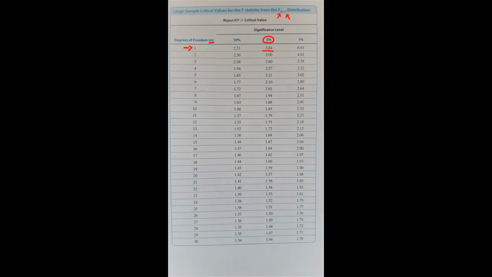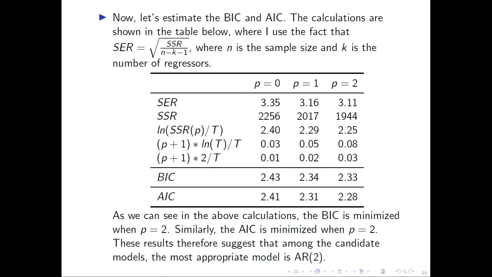In our case, the F statistic was 5, so we reject the null hypothesis of this one coefficient being equal to 0. So that was the answer from the F test.